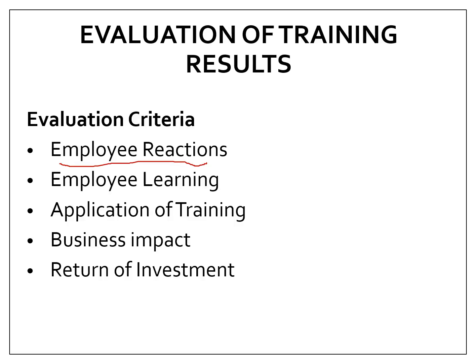This means that you see that your employees were able to apply what they learned during training into their jobs. Application of training is also known as transfer of training.